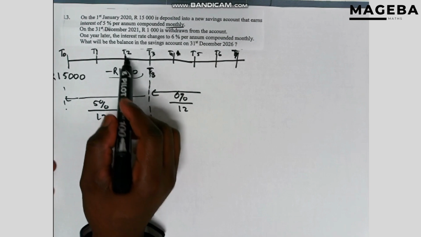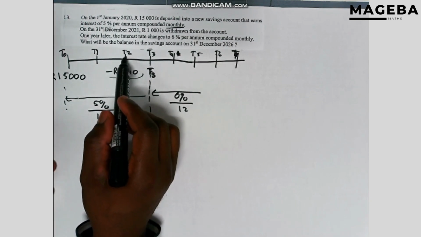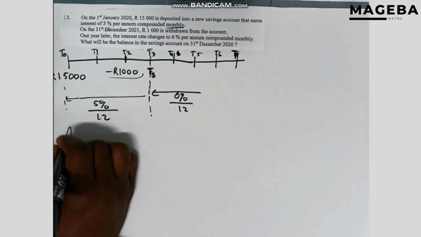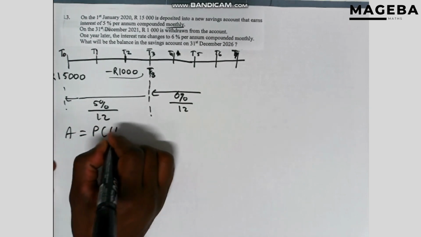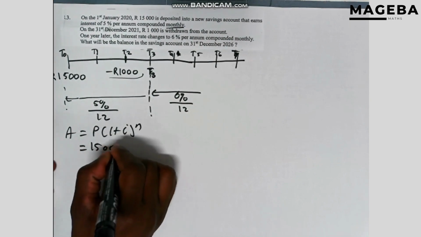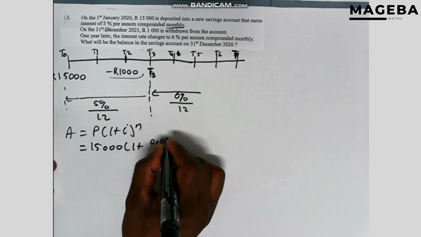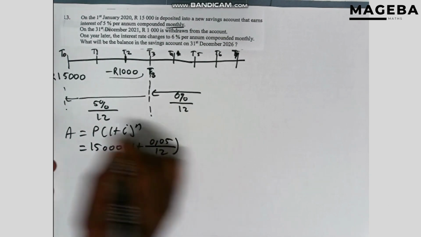From our usual equation that we use, 15,000 is deposited, interest rate is 5%. Before they withdrew it after 2 years, so it's 2 times 12, and then they withdrew this 1,000.